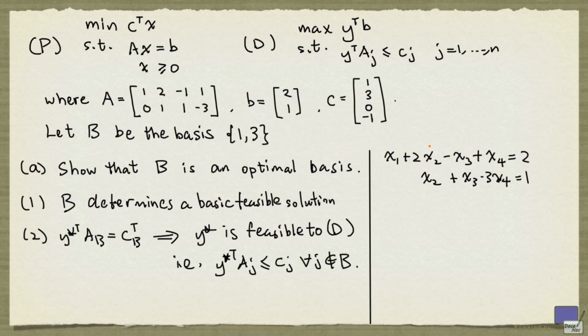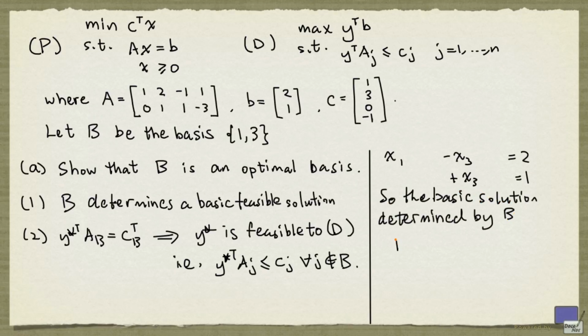And if we set x2 and x4 to 0, we are left with this system here. And from this, we can read off the solution. So x3 has to be 1, and if x3 is 1, x1 is going to be 3. So the basic solution determined by B is (3, 0, 1, 0). And this is a feasible solution to P, and so B determines a basic feasible solution. So that checks the first condition.